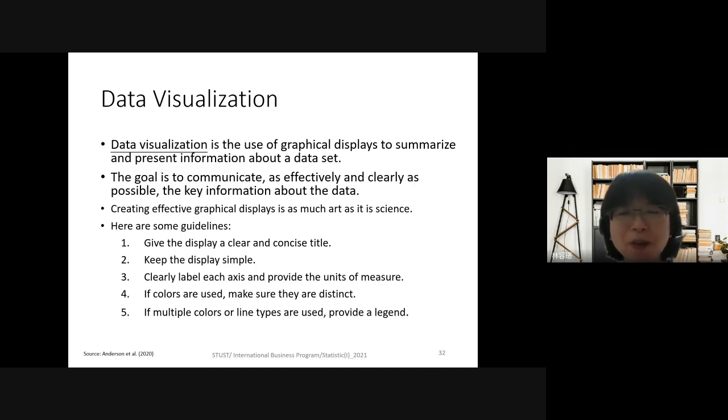That will be very terrible. And if multiple colors or line types are used, provide a legend. That would be helpful for them to distinguish and to quickly know what you would like to express.